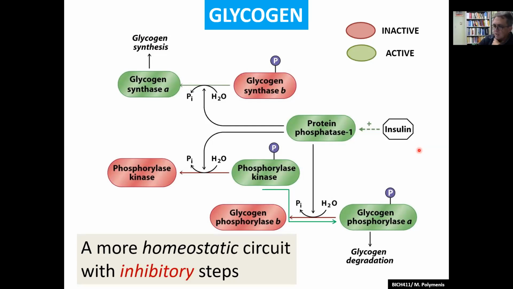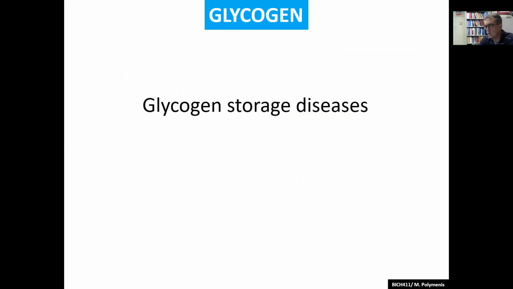That's a homeostatic mechanism. And here you actually see more inhibitory steps being put in place. And again, that's a very common pattern: when you have a series of activating steps, that usually changes the cell or the organism from one state to the next. When you involve many inhibitors, you usually have a homeostatic mechanism.